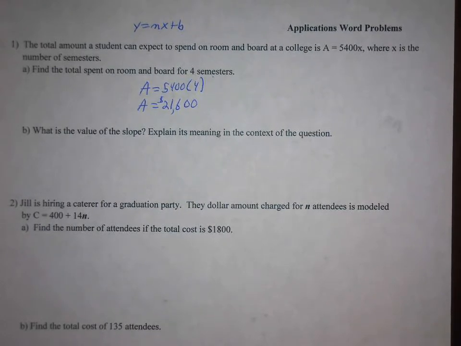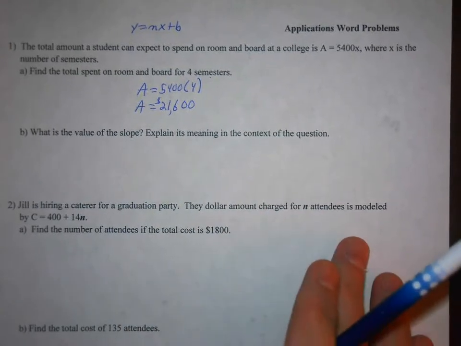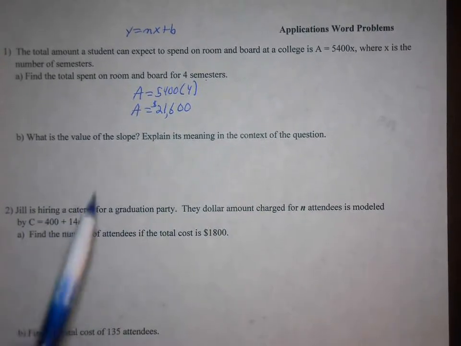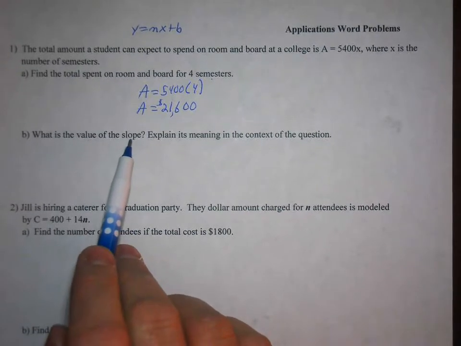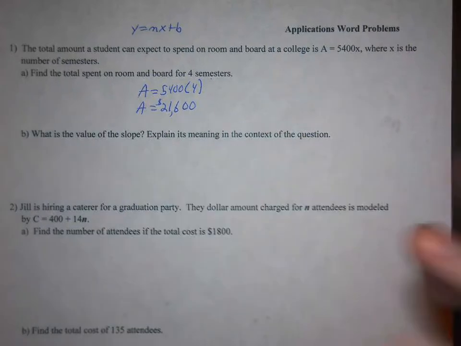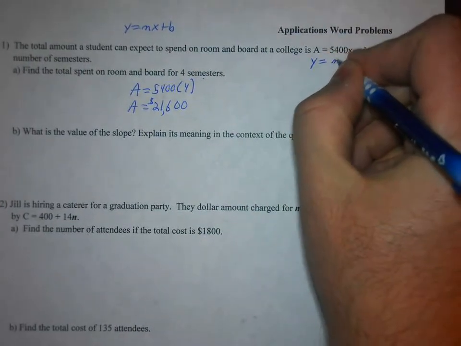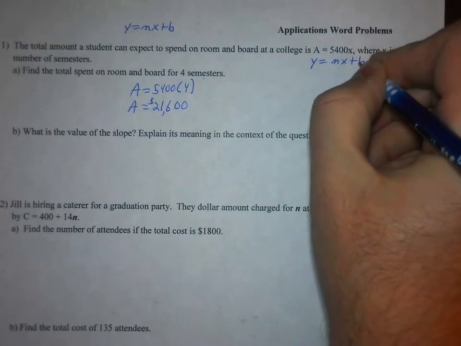Part B, what is the value of the slope? Explain its meaning in the context of the question. So here, the value of the slope. Well, if we recognize A equals 5,400x, we can think about that as y equals mx plus b form.